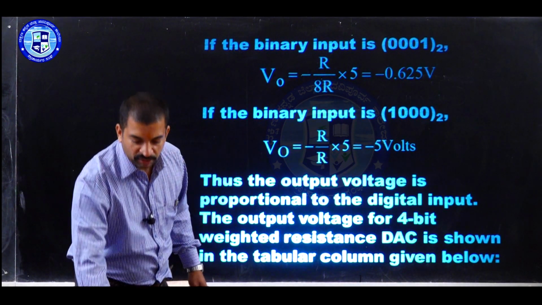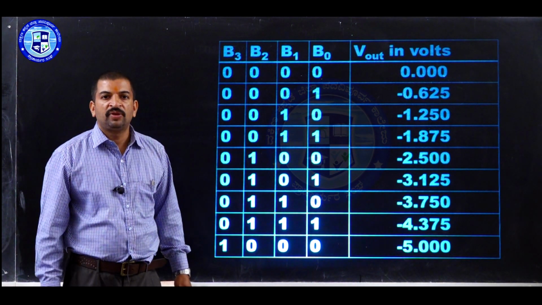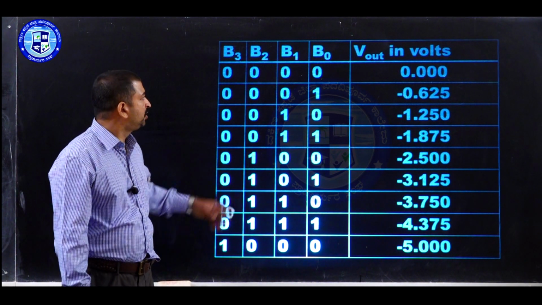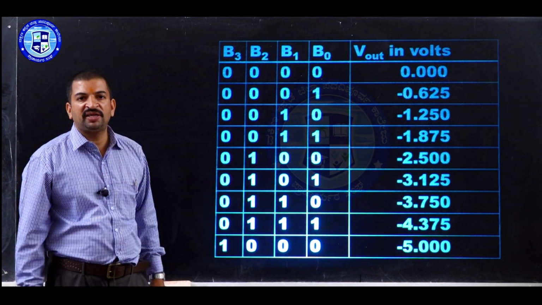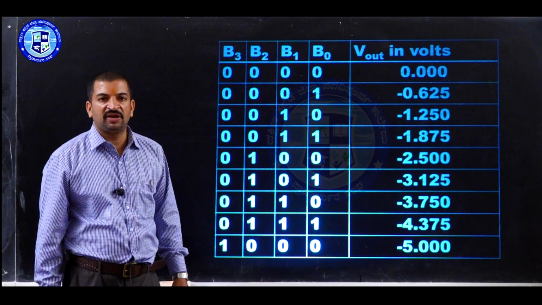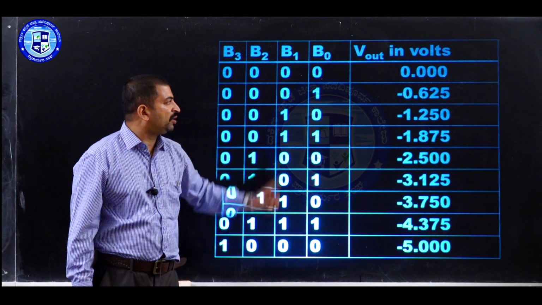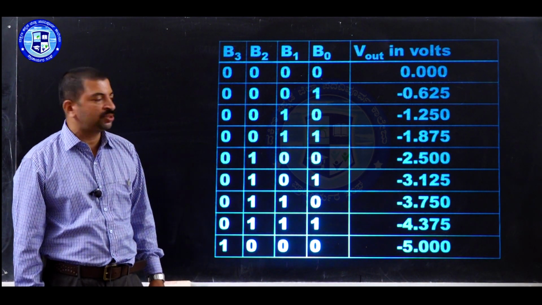Now, here is a table showing the output voltage generated for different combinations of inputs. For 0 0 0 0, that is B0 bit is 0, B1 bit is 0, B2 input is 0, B3 input is 0, the output is 0. For 0 0 0 1, the output voltage is minus 0.625 volts.